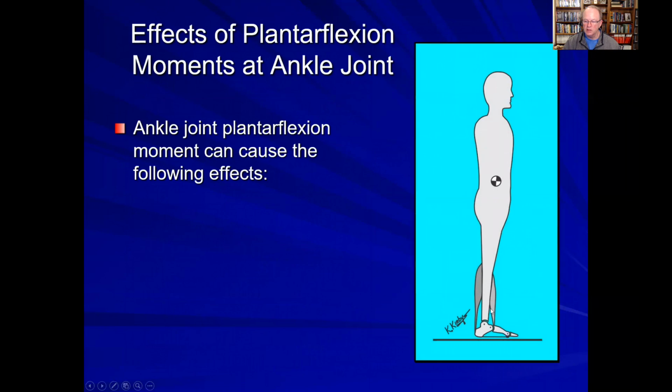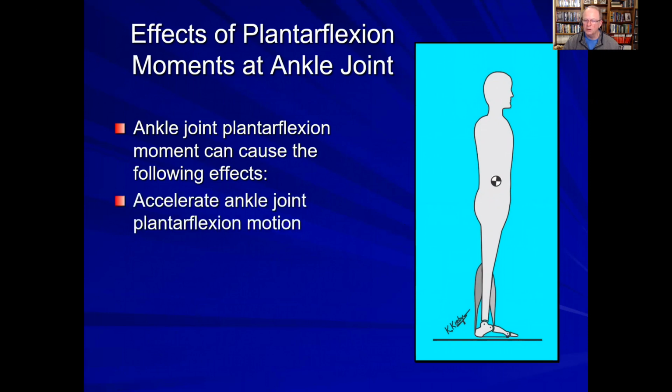And we also have the anterior muscle group attaching to the anterior aspect of the foot that can cause an ankle joint dorsiflexion moment. So let's look at ankle joint plantar flexion moments and what type of effects they can have on the ankle and on our body as a whole.